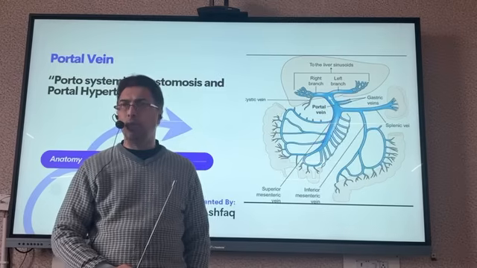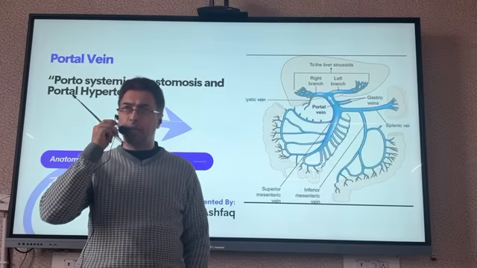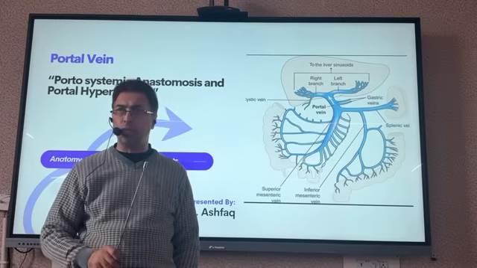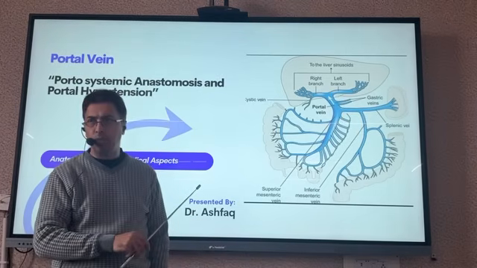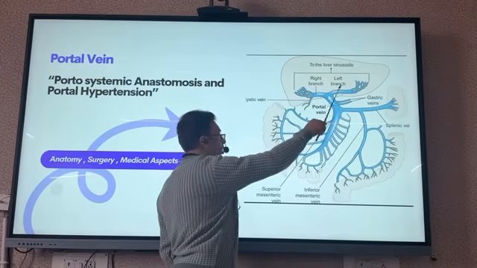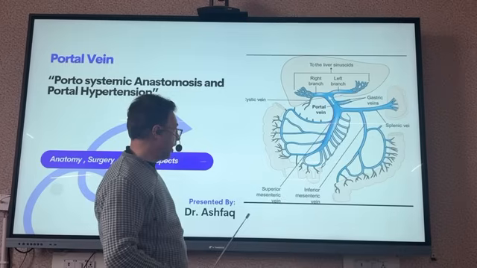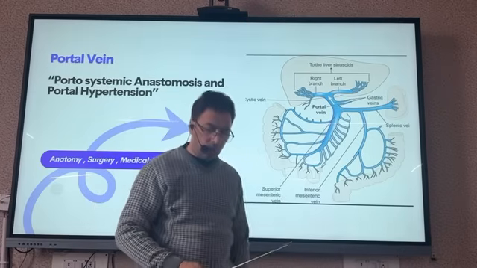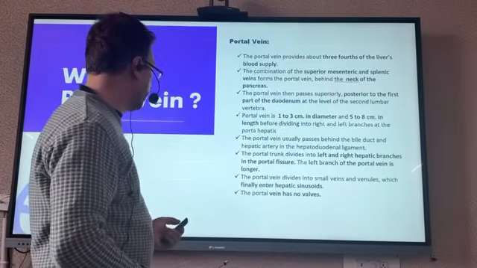So you have to remember that the portal venous system in here drains a major part of the alimentary tract. And this is the figure which you have to draw, which you have to remember, and you can see the set of capillaries into which the portal vein divides in the, I would say, right and the left branch. So that is another thing about the portal vein.